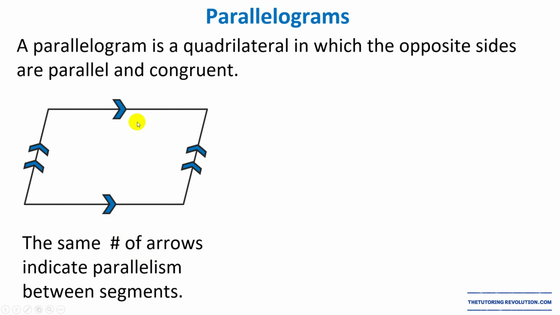So again, these two sides have only one arrow, which makes these two parallel to each other, and these two sides have two arrows each, which make this one parallel to this one. Okay, so we indicate parallelism using the same number of arrows.